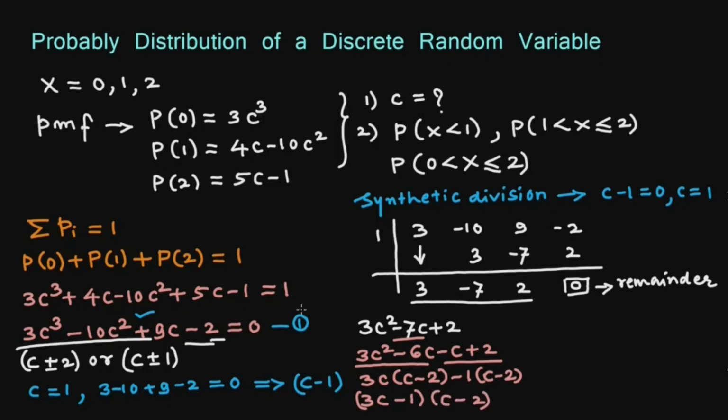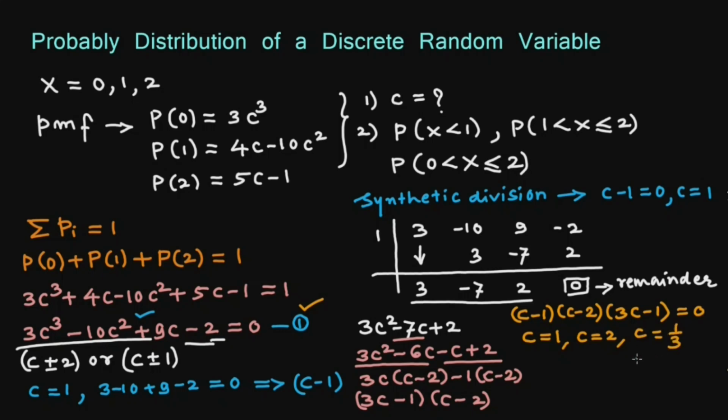So the factors of this cubic polynomial equation will be c minus 1 into c minus 2 into 3c minus 1 equals 0. That gives us three possible values of c: c equals 1, c equals 2, and c equals 1 by 3.